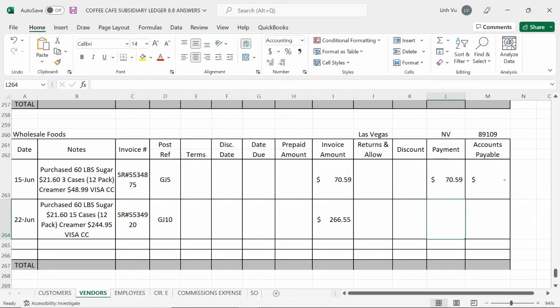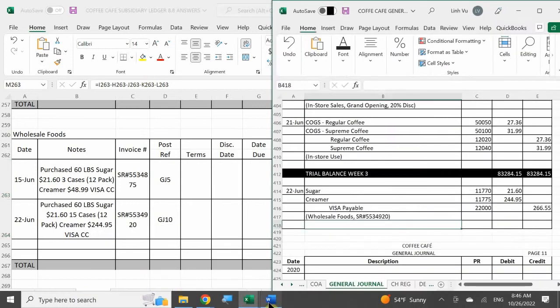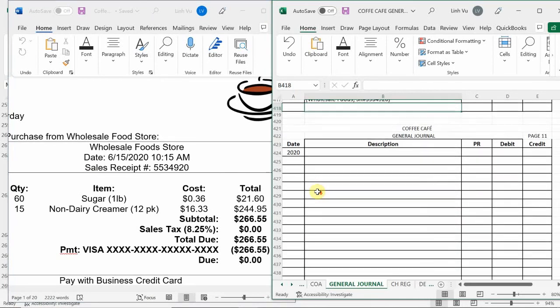And you paid with the Visa payable, $266.55. So right now you owe nothing. Good, you're done. That should be everything. So now we've finished page 10. We can go ahead and move on to page 11.